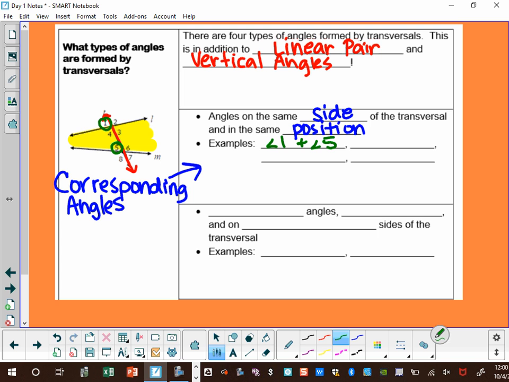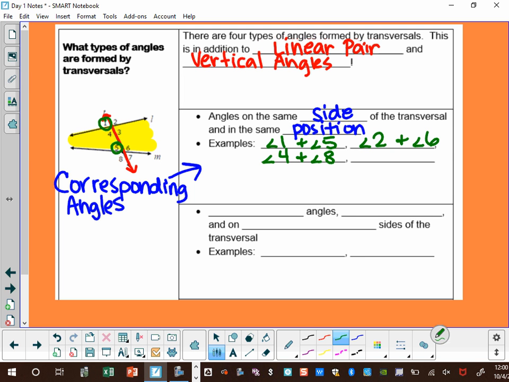Chris, what is corresponding to angle 2? Good. So we're going to write angle 2 and angle 6. Let's look at angle 4. What's corresponding with angle 4? 8. Good. Angle 4, angle 8.